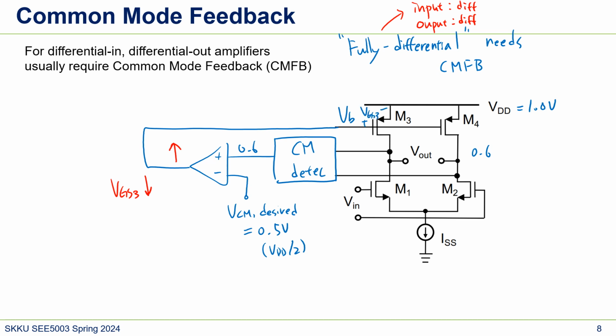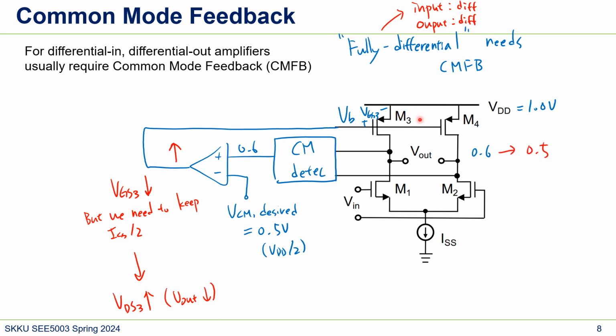So VGS3 is decreasing, but we need to keep ISS over 2. So it turns out VDS3 increases, which means Vout decreases. So this will go to 0.5 eventually.